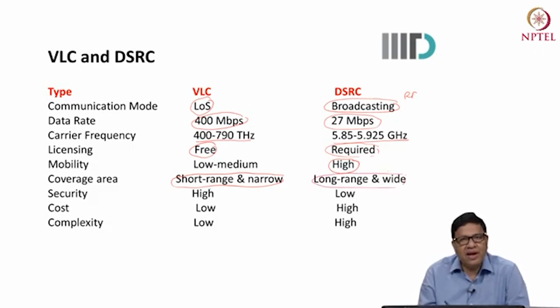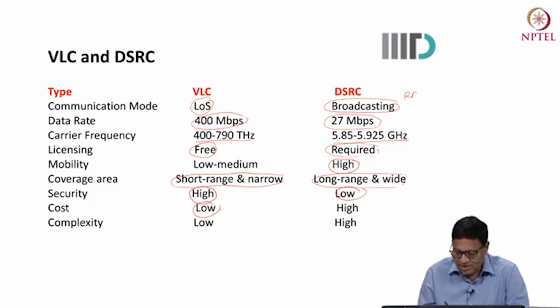Security: this being line of sight, security is comparatively higher as compared to RF, because if the LOS is blocked, you don't get any signal and you can get some alarm. So security is high in VLC, it is low here. The cost is low in the sense the LEDs are already inbuilt into the car, so there is no new infrastructure to be installed.